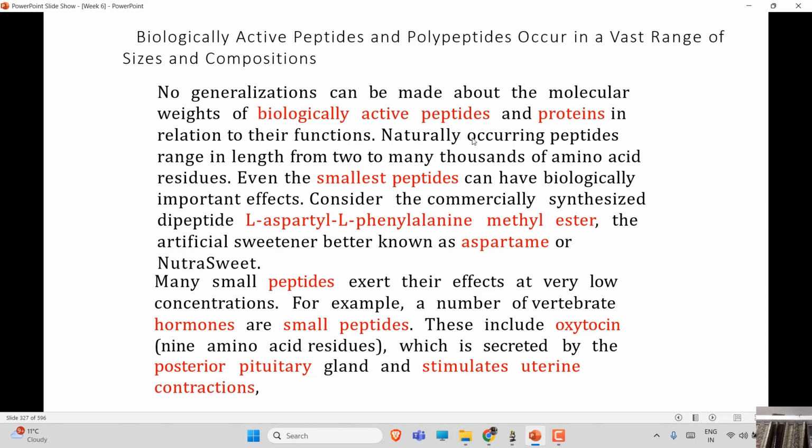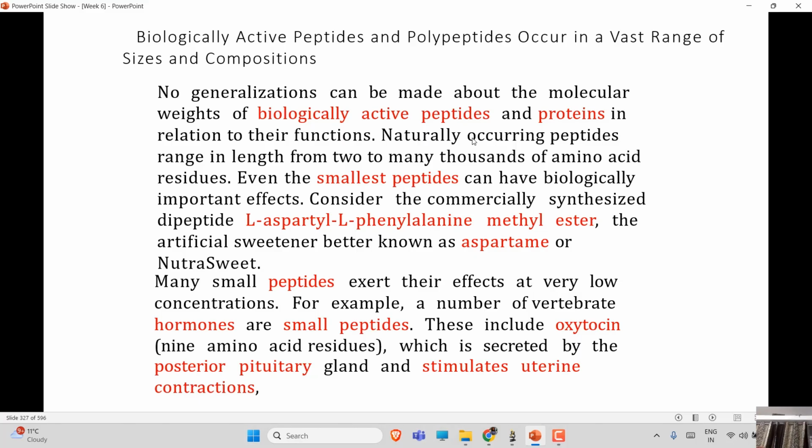L-aspartyl-L-phenylalanine methyl ester, better known as aspartame, an artificial sweetener. Peptides exert their effects at very low concentrations.